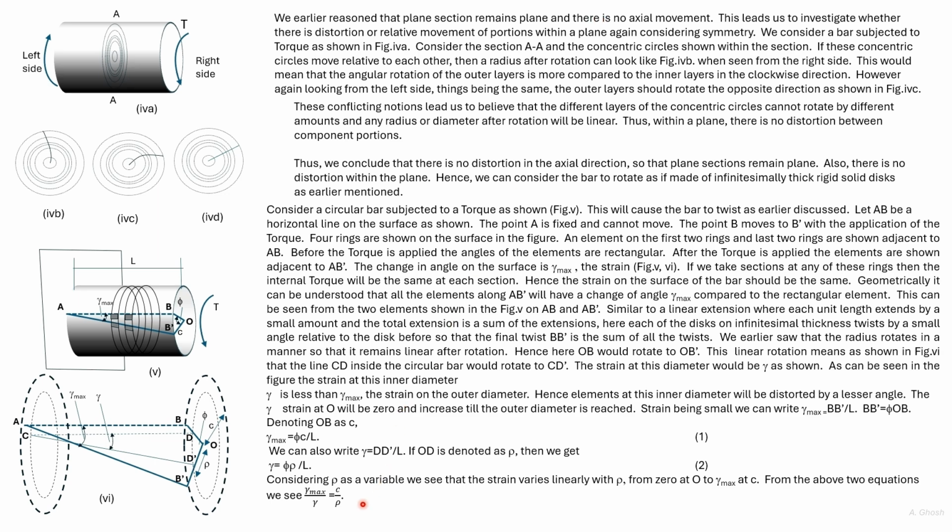If we consider rho as a variable, then gamma also would be a variable, and gamma max and C are constants. So gamma would vary linearly with rho. So gamma would be 0 at rho equal to 0, and vary linearly till we reach the point on the surface.